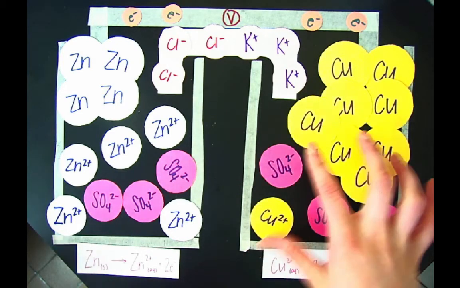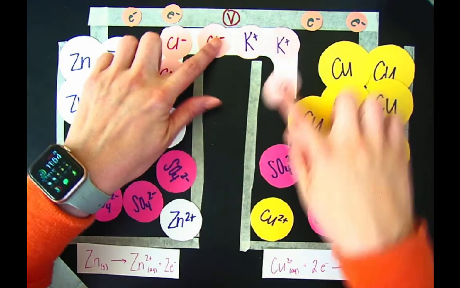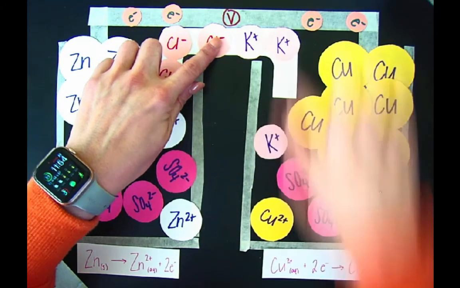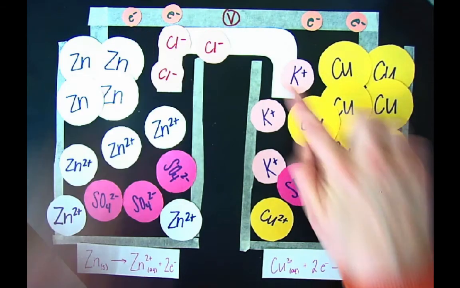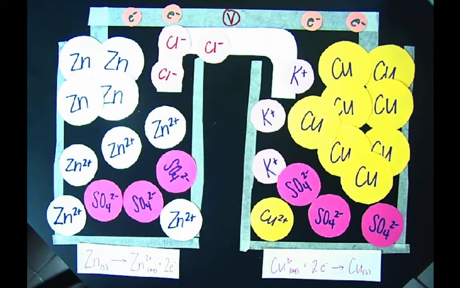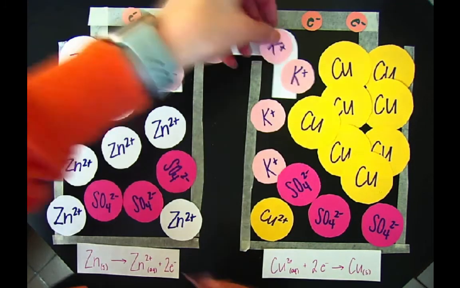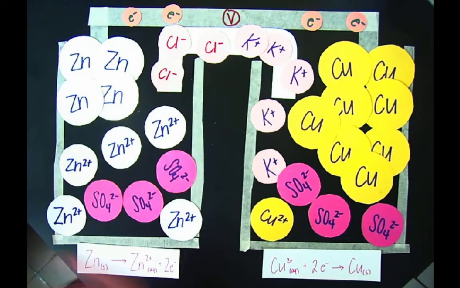We need to add more positive, so some of these K plus ions will flow into solution. The cations will flow down into the same half cell as the cathode. I would need more K plus in order to make it neutral. The salt bridge has essentially an unlimited amount of this electrolytic solution, K plus and Cl minus, KCl or anything like that.